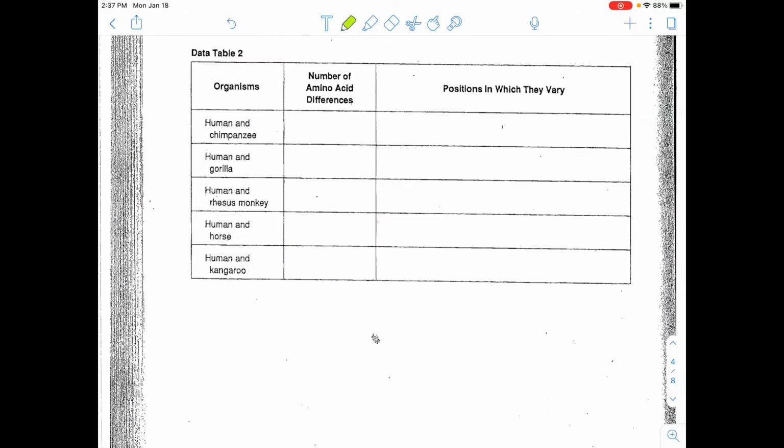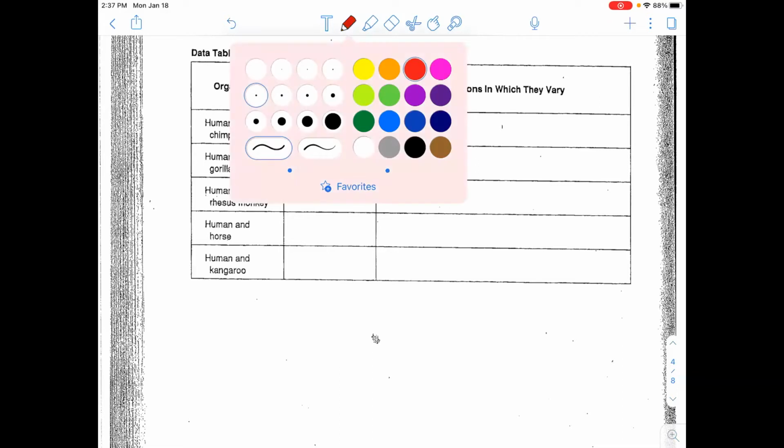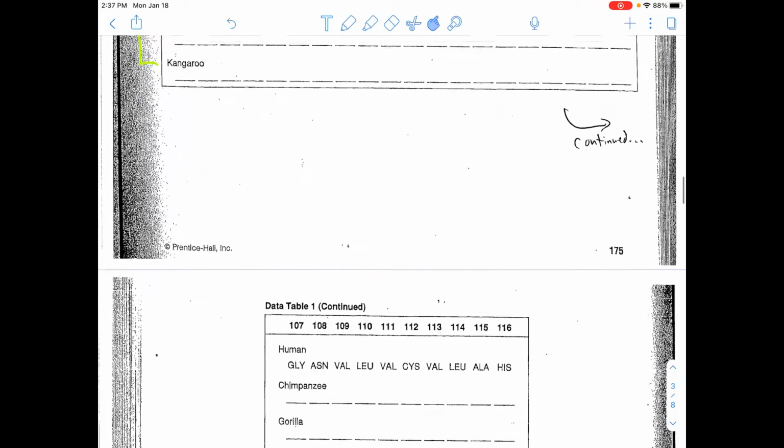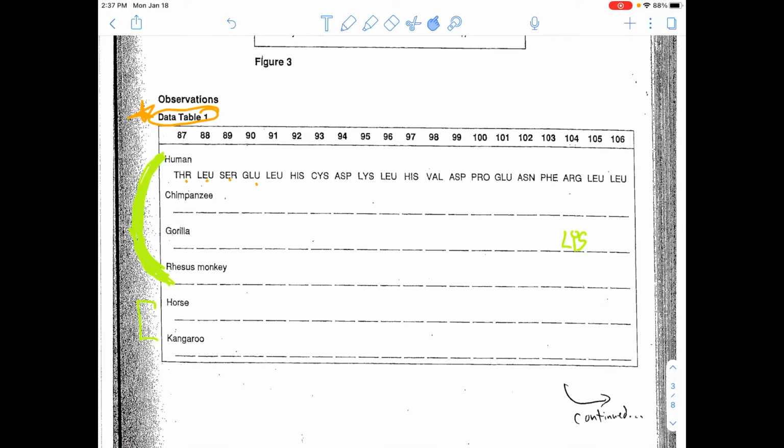So I can put 0 on here, and there's no place where they were different. Between a human and a gorilla, we found just 1.